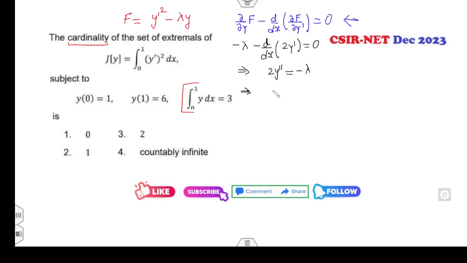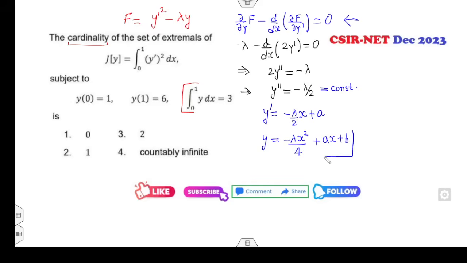Or you can say y double dash is minus lambda over 2. Now second derivative is my constant. That means the equation will be, so you can integrate them, minus lambda over 2 x plus a, and then y will be minus lambda x square over 4 plus ax plus b.